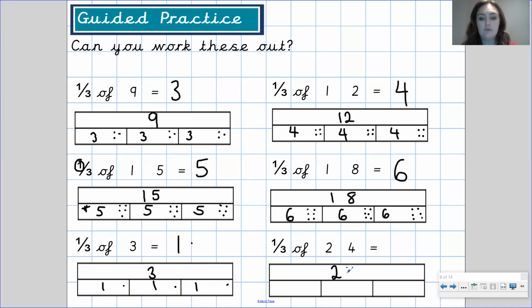So we're putting 24 into this part, into the whole. And then what are we going to do next? That's right, we're going to share 24 into 3 equal parts.